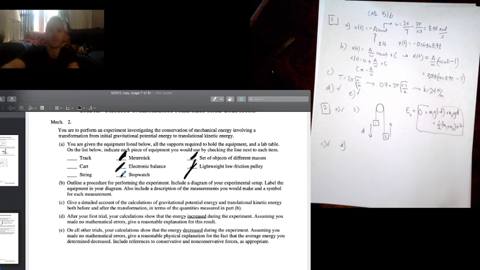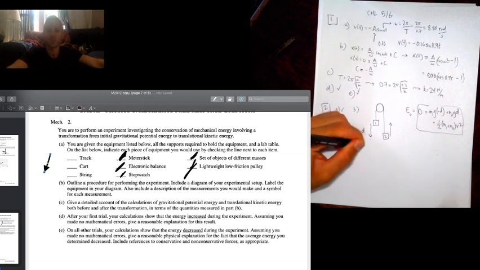If you look at this list of things, there's really nothing that is going to allow you to measure the velocity very accurately. All you have is a meter stick and a stopwatch to measure velocity. So I would say that your velocity measurement is not going to be very accurate at all, especially because the system is going to be accelerating. So it's very possible that you could be miscalculating the velocity and it could give an increase. Okay, that's what I think is the weakness there.